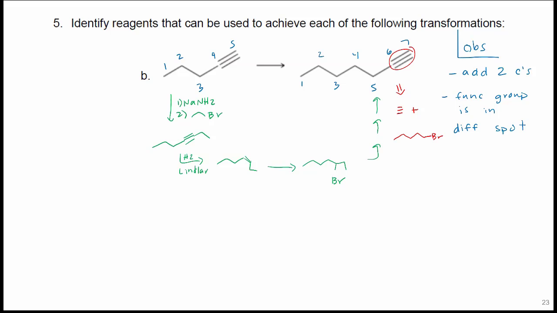So let's do that. I need to make my alkyne. First, I need to do my double bond. So I can use NaNH2, which will make the double bond. The stereochemistry here is irrelevant because it's on the end. And then to put my bromine on the end, I want to use HBr plus peroxide.